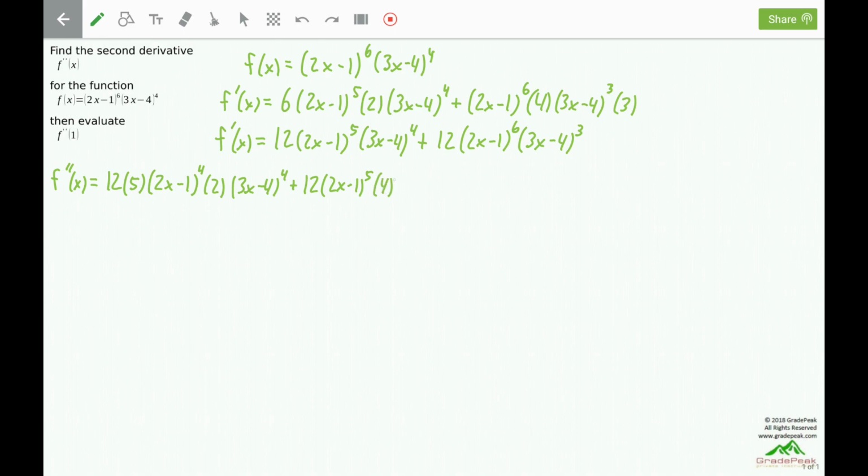Bring the power down, 4, leave the inside alone, subtract 1 from the power, multiply by the derivative of the inside to complete the chain rule. That completes the derivative of the first term.